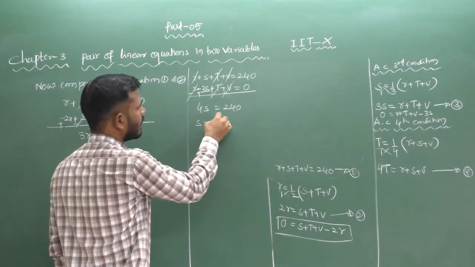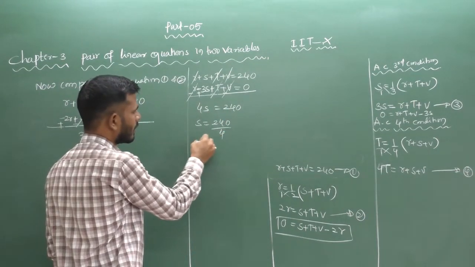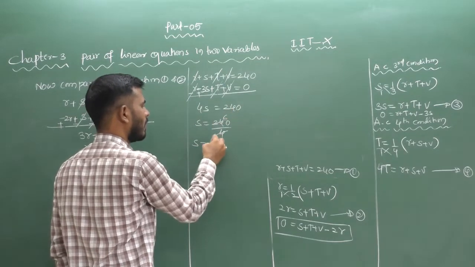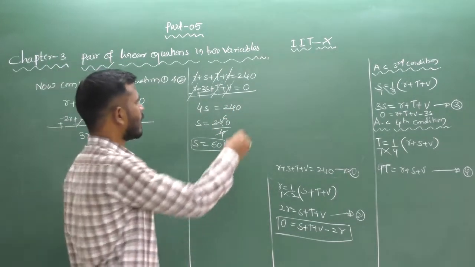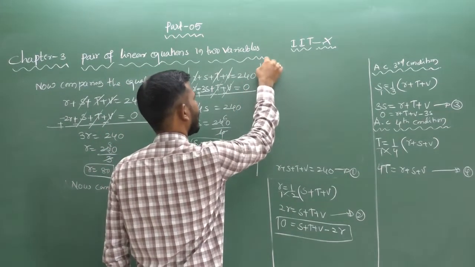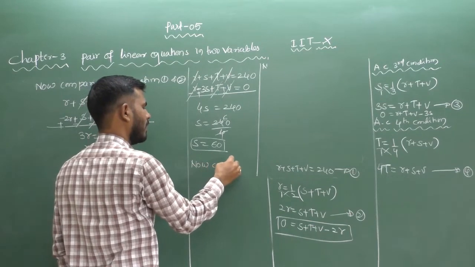Next step, s equal to 240 divided by 4. So s is 60.